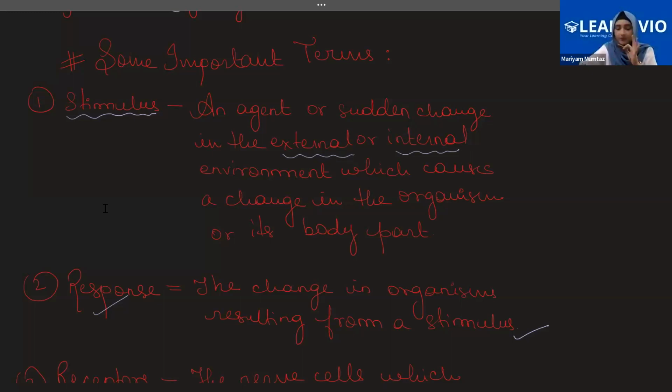Now, before diving in, we will talk about some of the most important terms with respect to this chapter. You might have heard that a stimulus is provided. So we'll first talk about a stimulus. What is it actually? The definition is: it is an agent or a sudden change in the external or internal environment which causes a change in the organism or its body part.